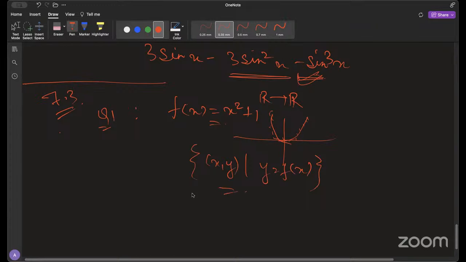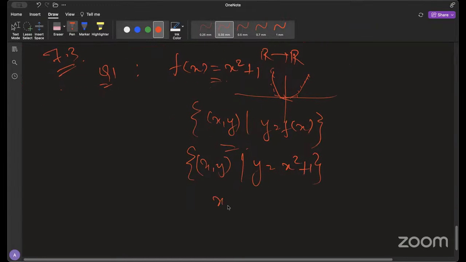So instead of writing (x, y) where y is equal to x square plus 1, you can just directly replace y with x square plus 1. And then we know that the domain is R, so you'll have to mention that x belongs to the set of real numbers. So this should be it. Is it okay? Yes, ma'am.